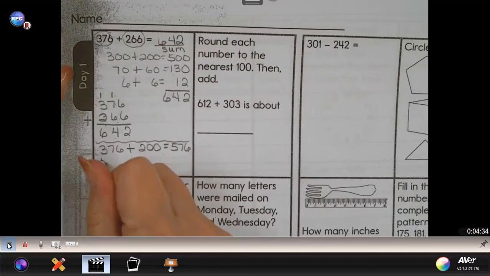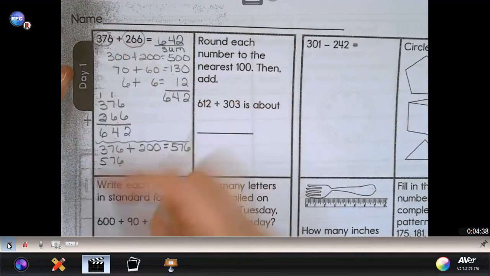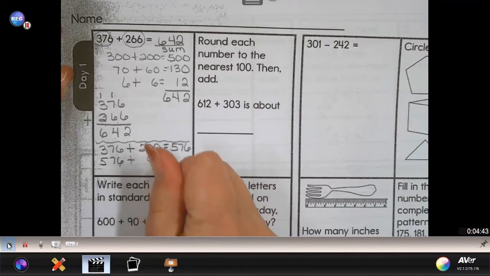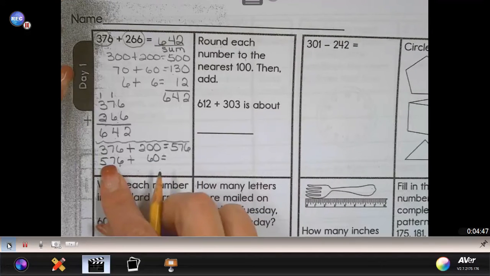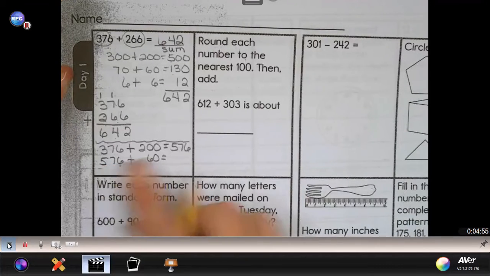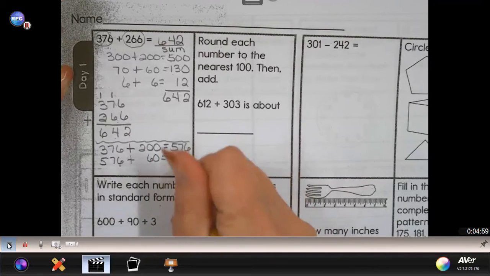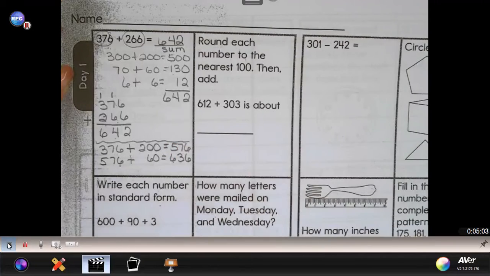I take 576 and I add on 60 from the 266, remember, I'm adding on 60 here to the tens. So that tells me I'm going to have enough tens to regroup and make a new 100. So I'm going to have 636.